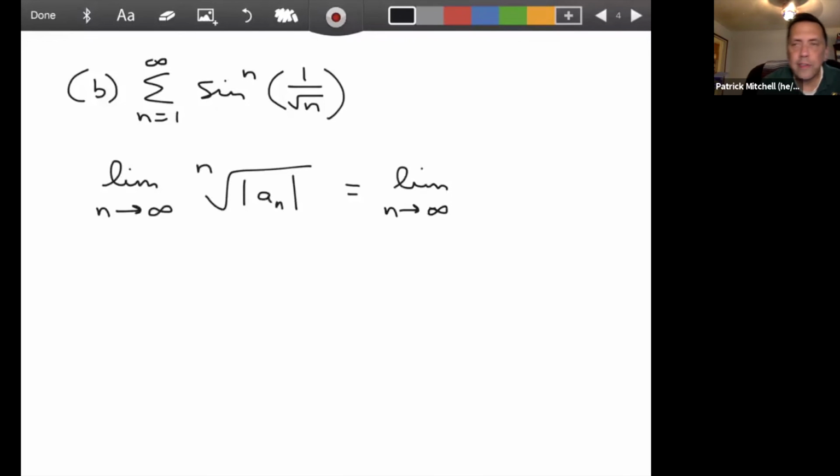Now of course sine, S-I-N-E, is negative sometimes. So with this one, we are going to have to worry about the absolute value. So we have the nth root of the absolute value of sine to the n of 1 over the square root of n.